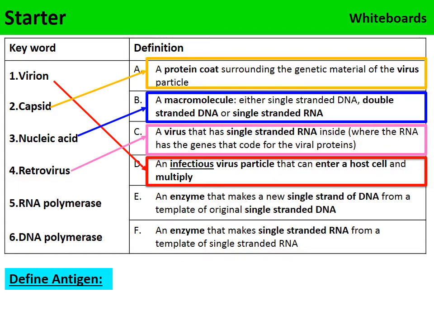So number four, the retrovirus then, we know it has the single-stranded RNA. Influenza actually has 8 single-stranded RNA molecules inside the capsid, and these will then be used for transcription and translation inside the host cell.